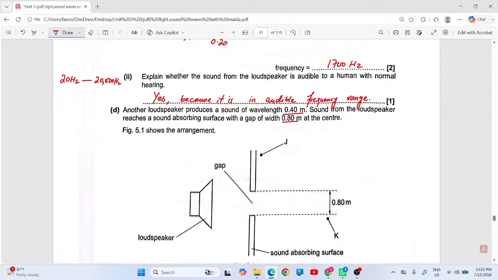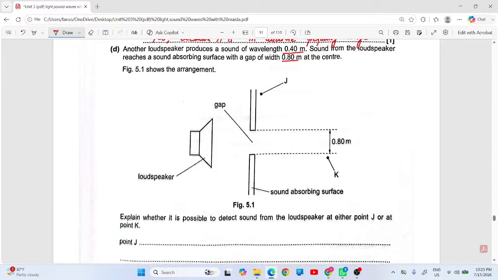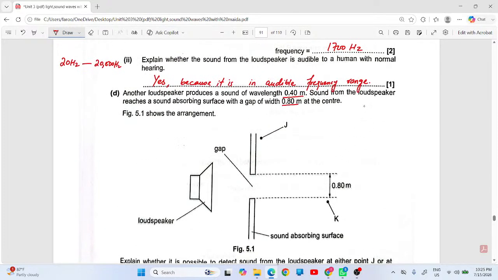So we know the condition for diffraction: the wavelength must be greater than or almost the same as the gap width.